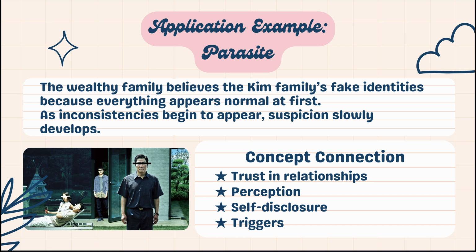As the story develops, the small inconsistencies and suspicious moments begin to appear, making them the triggers. The movie also connects to several communication concepts, including trusted relationships, perception, and self-disclosure. Overall, Parasite perfectly demonstrates how easily deception can succeed when people assume honesty by default.